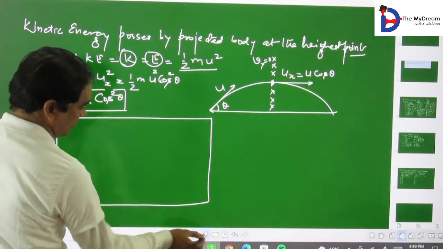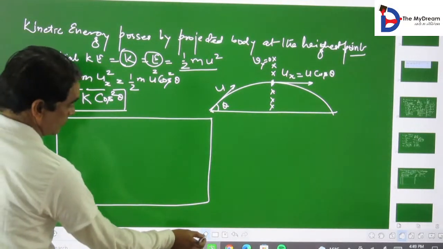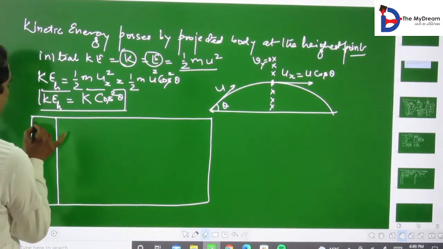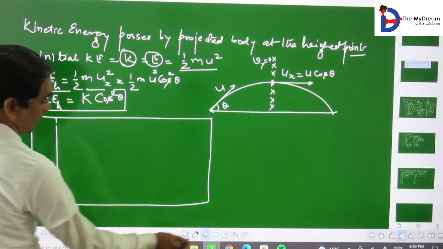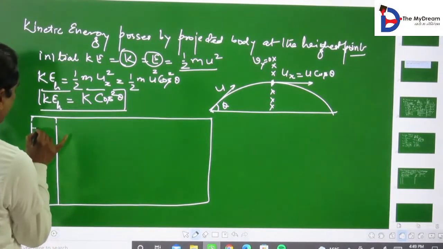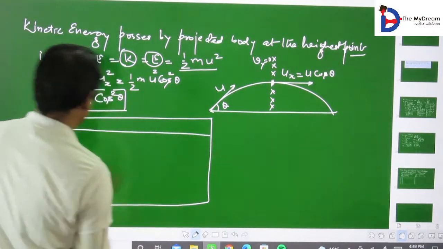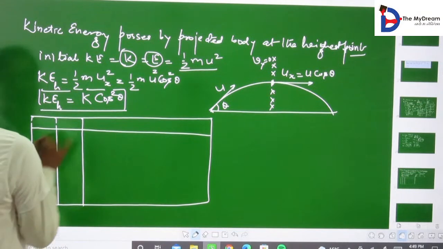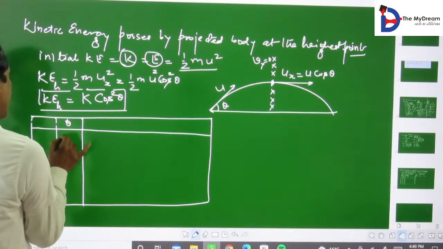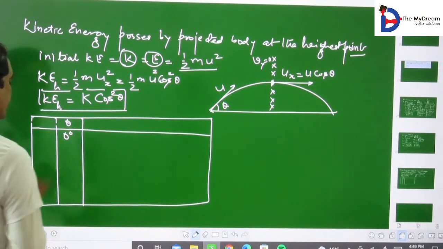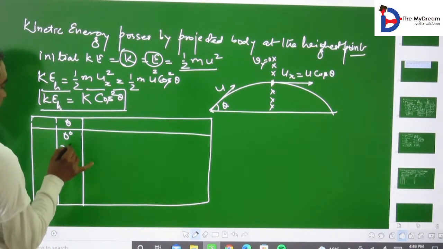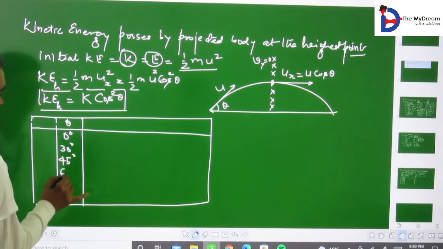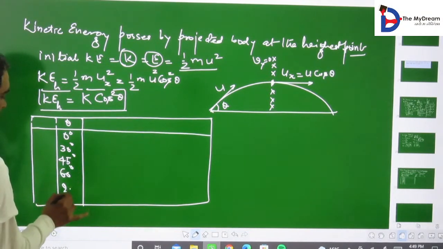Theta is 30 degree, theta is 45, theta can be 60, theta can be 90.